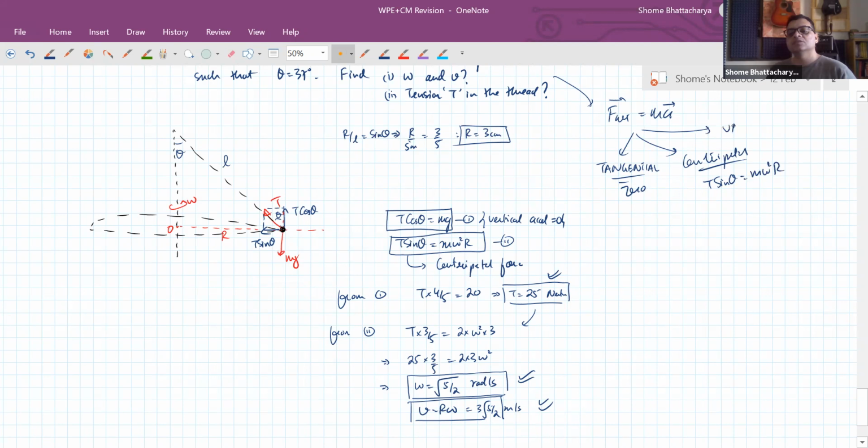Of course, in this case the vertical net force is 0, because the circular motion is happening in a horizontal plane. So that is the application of this particular question.